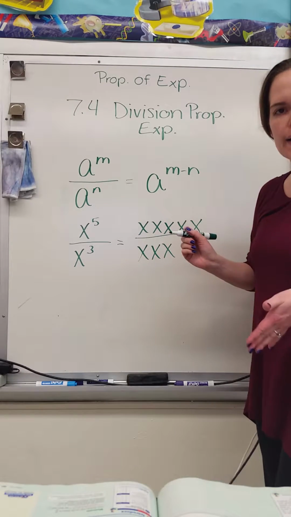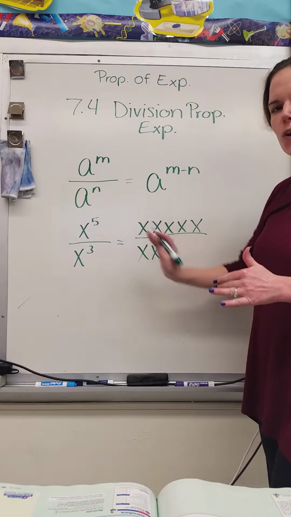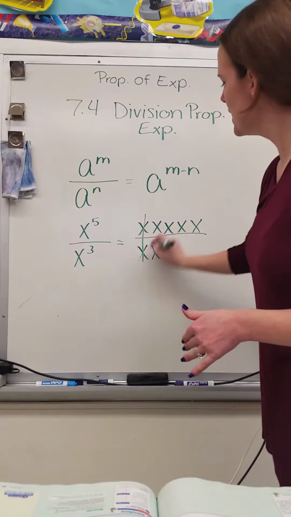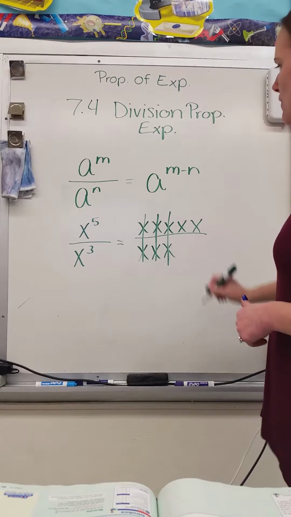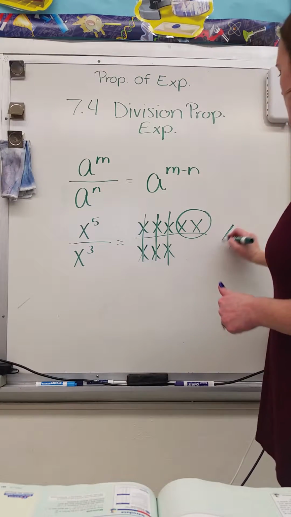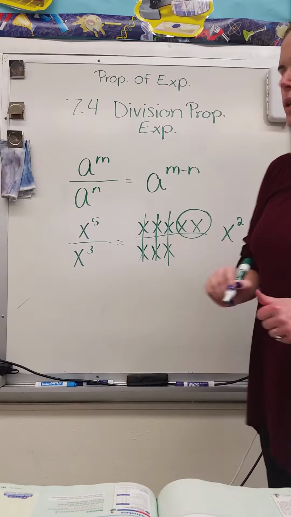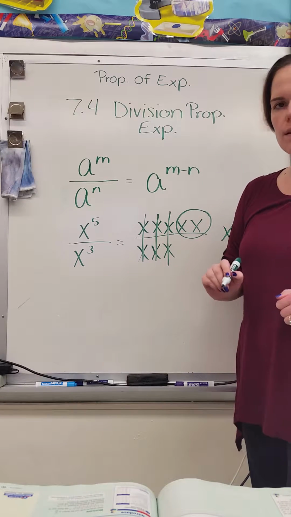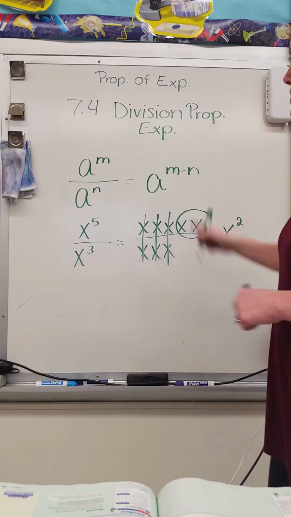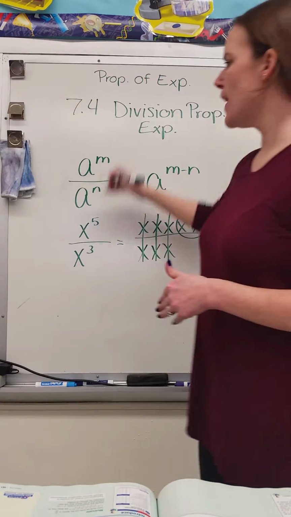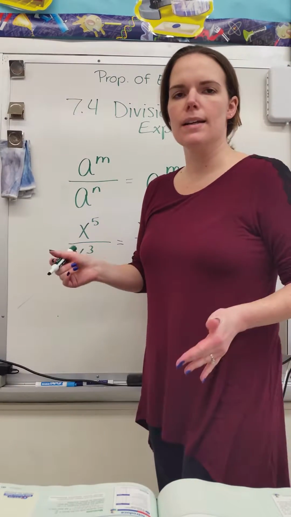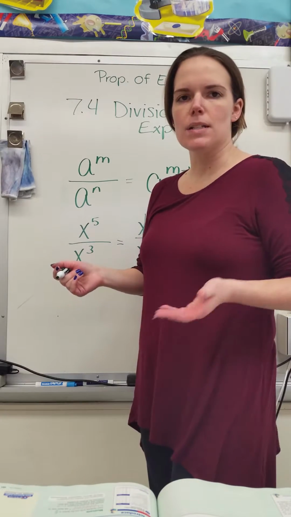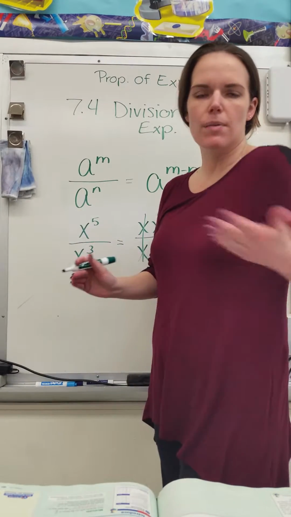When you're multiplying and you have something over itself, these are basically canceling, leaving you with x squared, or 2 x's. So that's where it comes from. This is the rule. If you're dividing, you're subtracting. And that should make sense because when we were multiplying, we were adding.